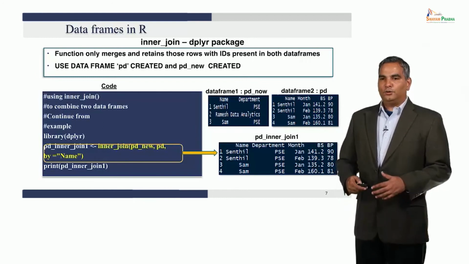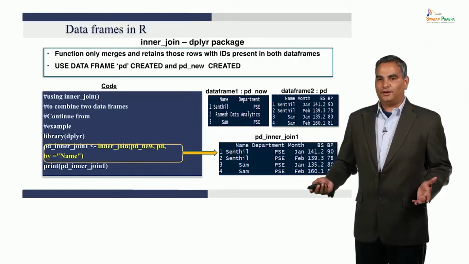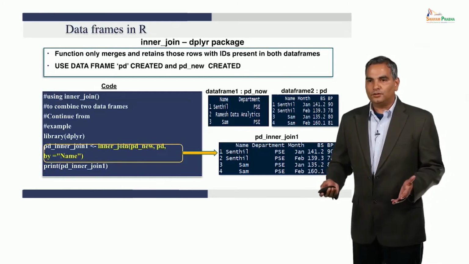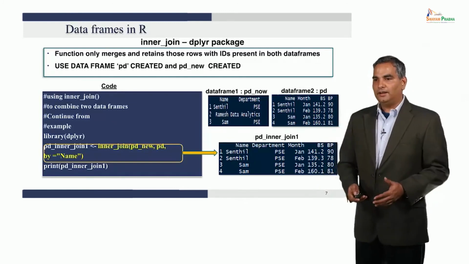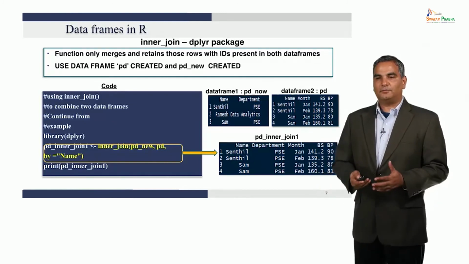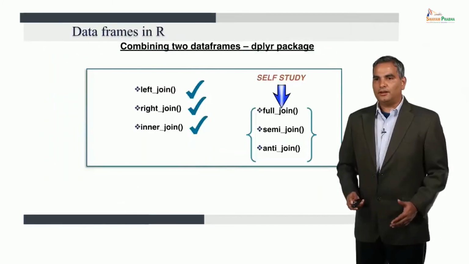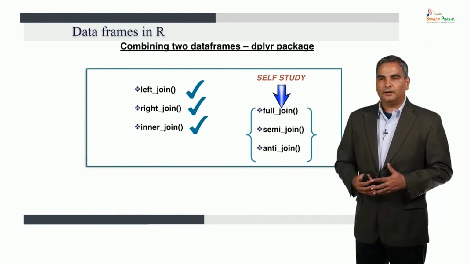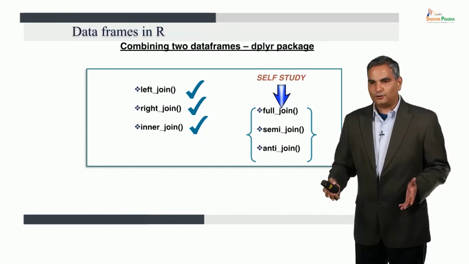You can also do an inner join, which basically says I'm not going to distinguish between right join and left join. Inner join would only use things that are available in both. So if you were to use the same thing here, it will only pick information that is available for both the data frames and give you the result. So this is inner join. Now there are many other types of joins that you can look at: full join, semi-join, anti-join, and so on.